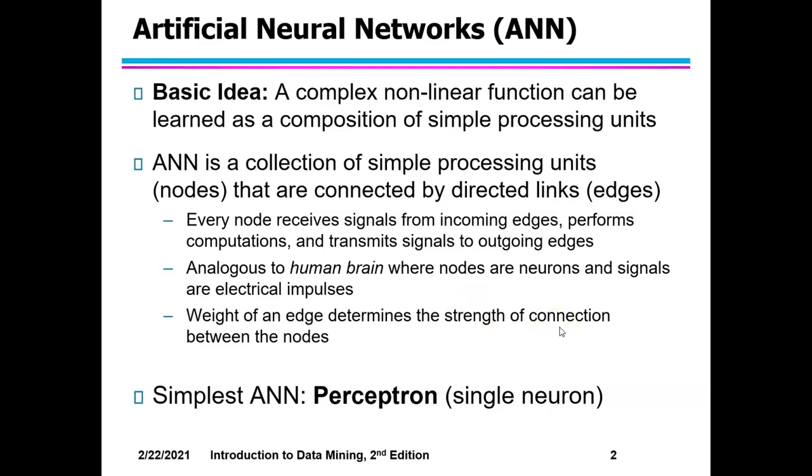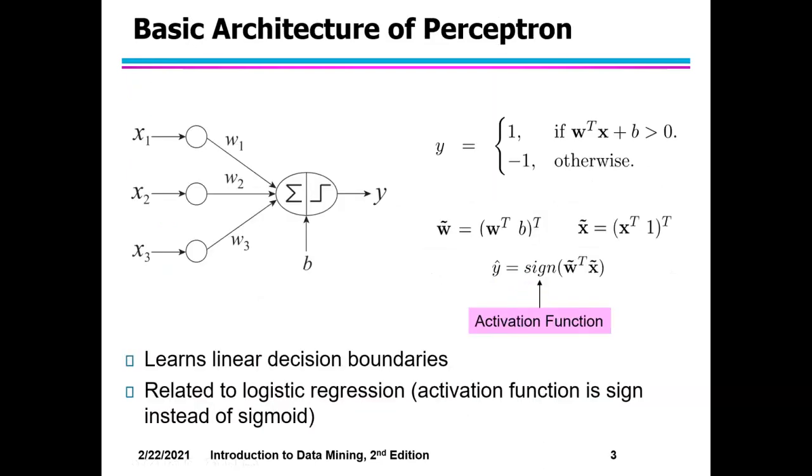So let's see what the function is and how it looks in a mathematical way, in a graphical way. If you look at the left-hand side of this diagram, this is the input, and here is the output.